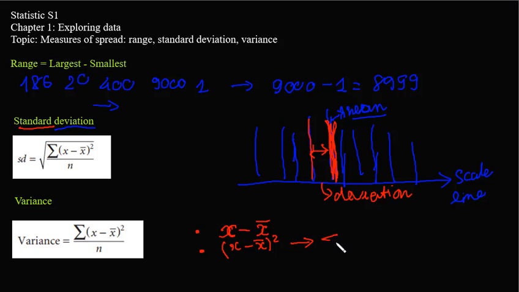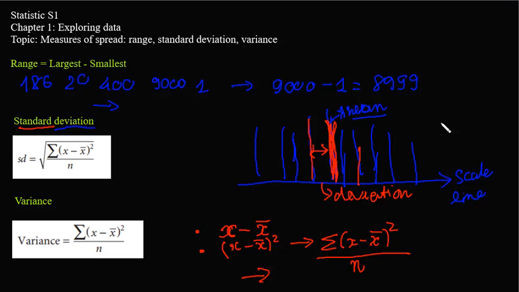Then we take the sum of them, the sum of x minus x bar squared, for everything we have. Then we divide it by the number of data.